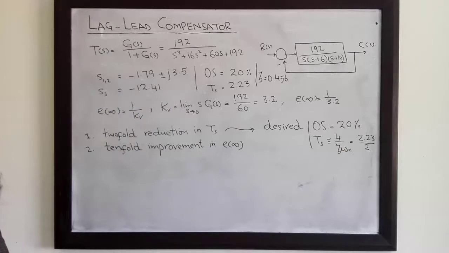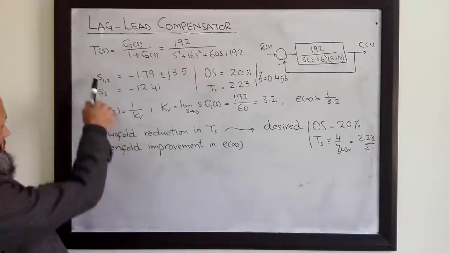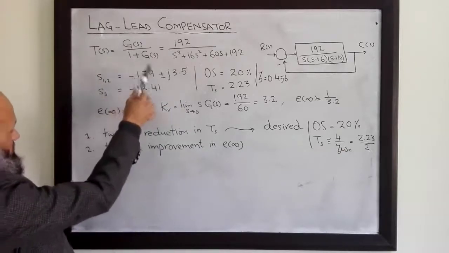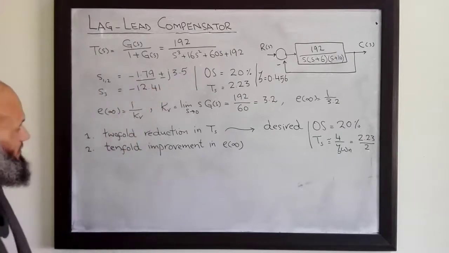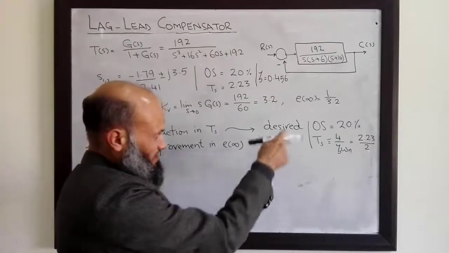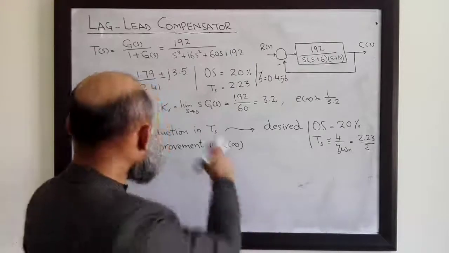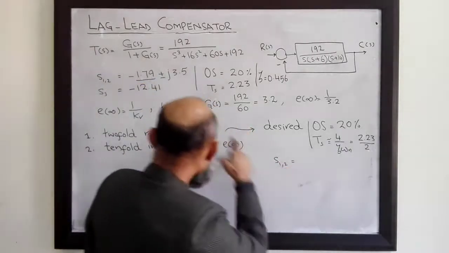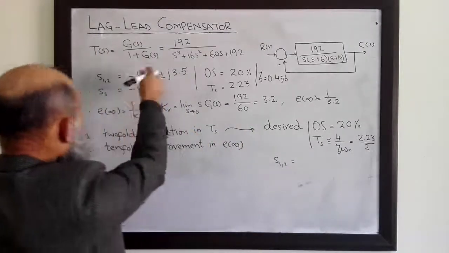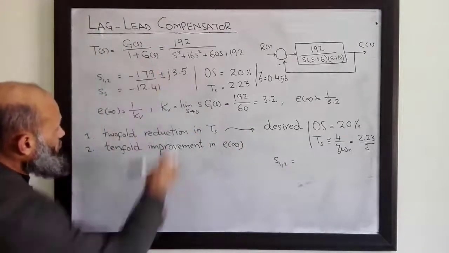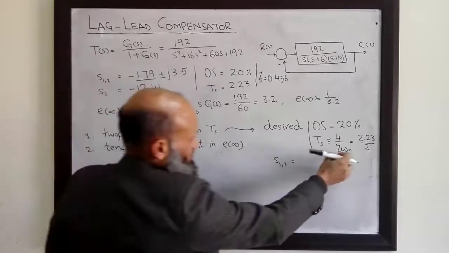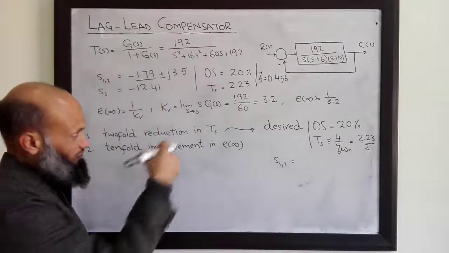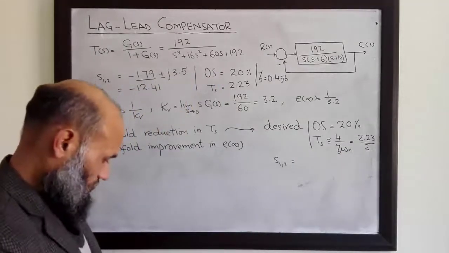Therefore, the desired location of closed loop poles: this was the actual location, and this term is zeta omega n. So if omega n has increased by 2 times, the desired dominant closed loop poles will be this multiplied by 2 and this multiplied by 2, because the new value of omega n is twice the existing value of omega n.